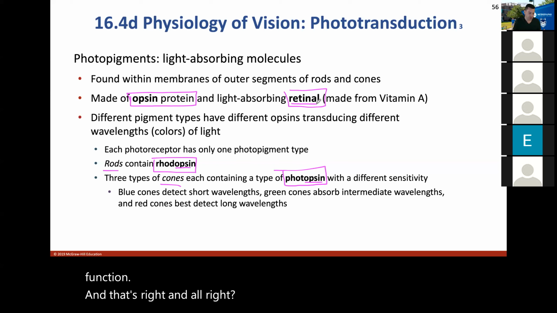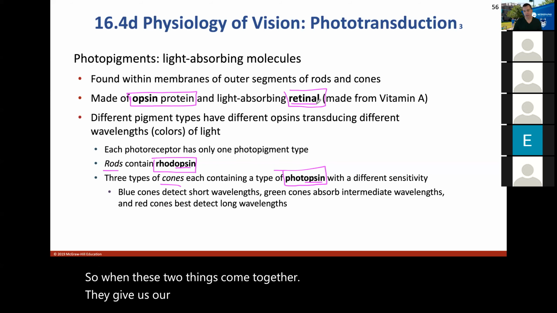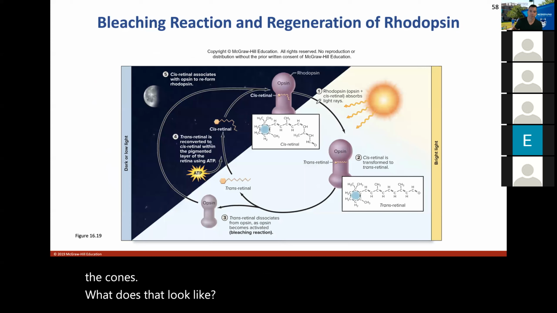So when these 2 things come together, they give us our rhodopsin in a rod and what we call general photopsins in the cones. What does that look like? There it is. Okay. Cis retinol.